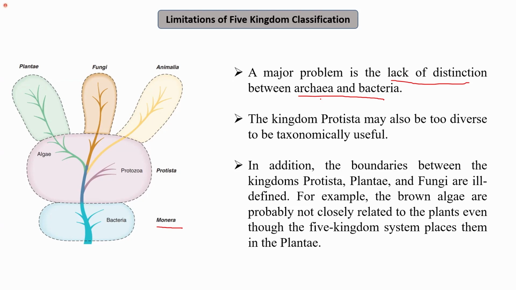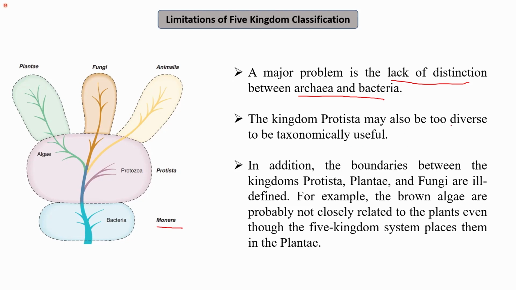So this was one of the limitations in the 5 kingdom classification. Also, the kingdom Protista, that includes protozoa, algae, etc., is very diverse. Although the organisms in the kingdom Protista are all eukaryotic cells, the organisms that were included in the kingdom Protista were very diverse. So it is difficult to call them one group. And later on, when the classification system was further refined, these organisms were put into different other kingdoms.